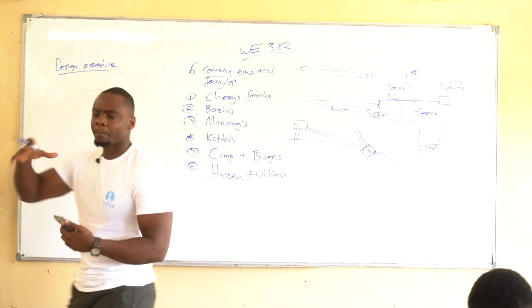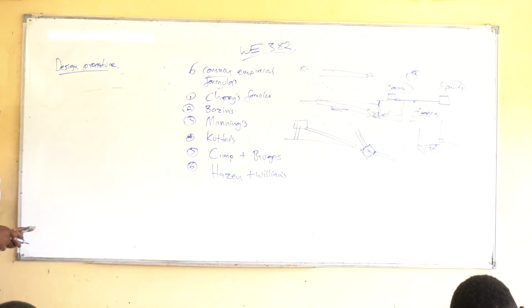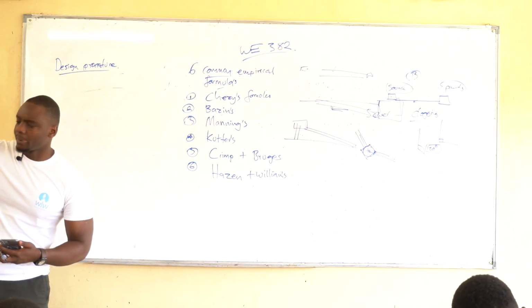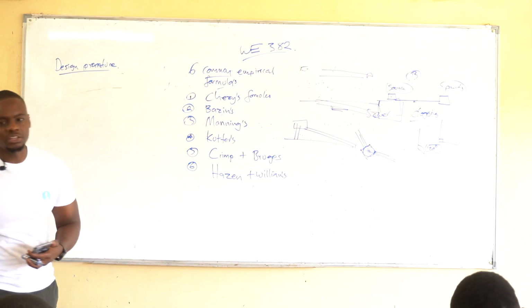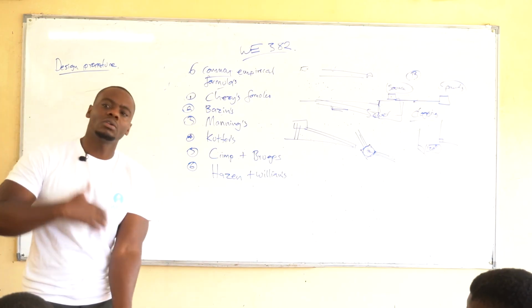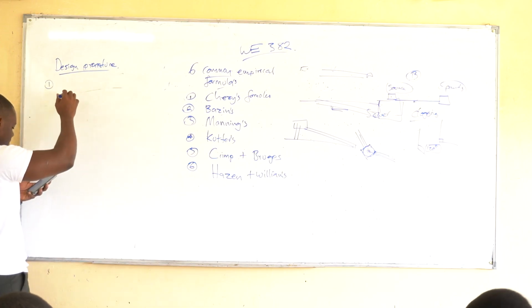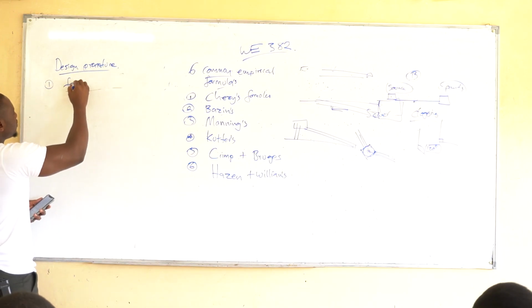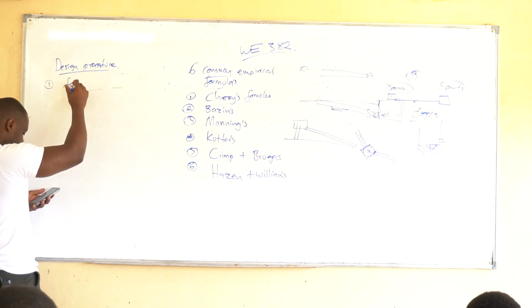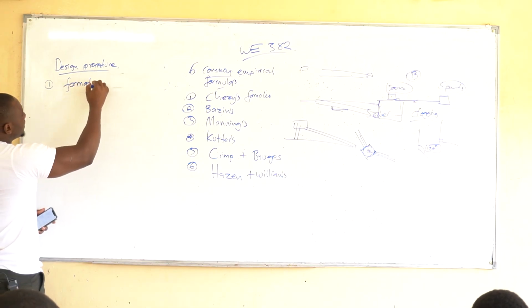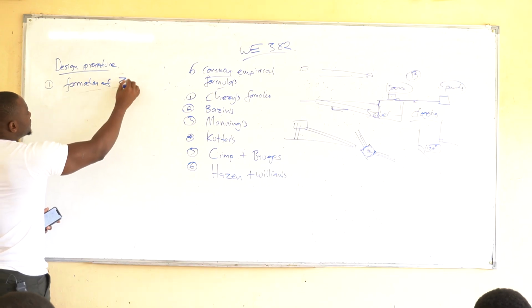So this is you finding a place like Kumaplot Kujai, and then someone says, can you design a sewer network system? So how do you go about it? What do you do? So one, what you're going to do is formulate what we call zones. So formation of zones.